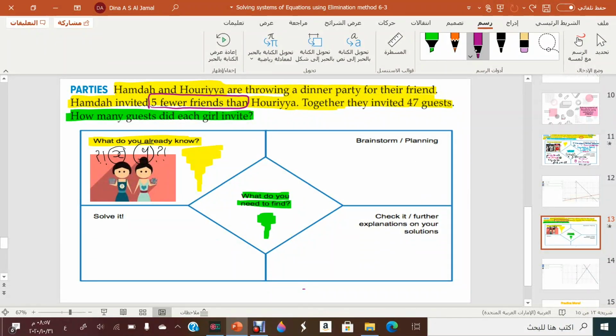So let me start by putting some variables. I'm having two unknowns, x and y. x will be the guests which Hamda invited, and y will be the guests for Huriya.